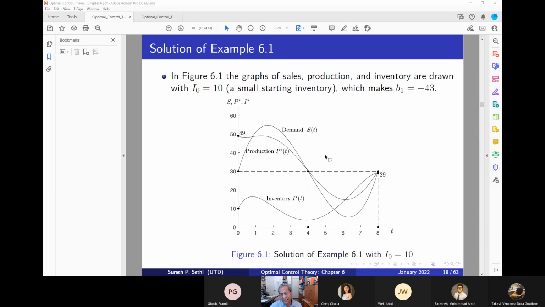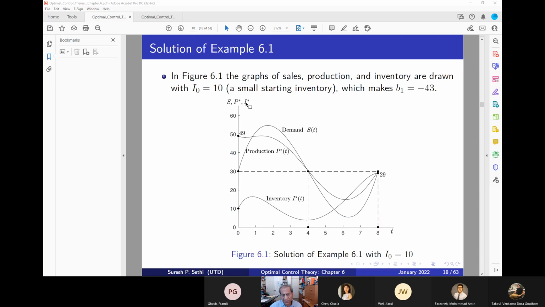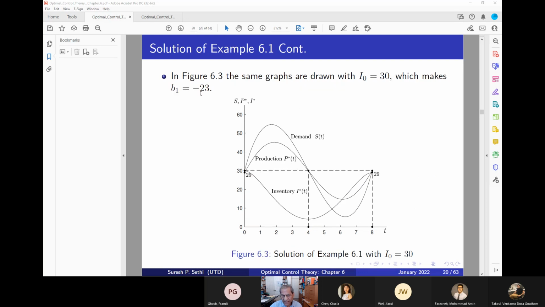Now, what you saw is that even though I started the inventory at 3 different levels, at 10, then at 50, and then at 30, in all 3 cases, somehow or the other, the production rate after 8 periods went to 29.